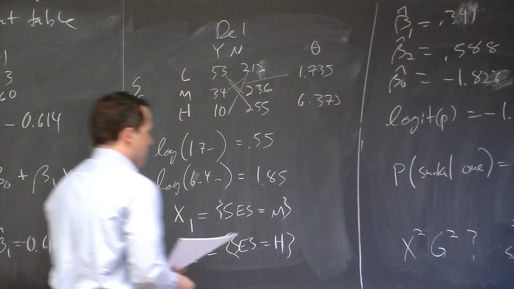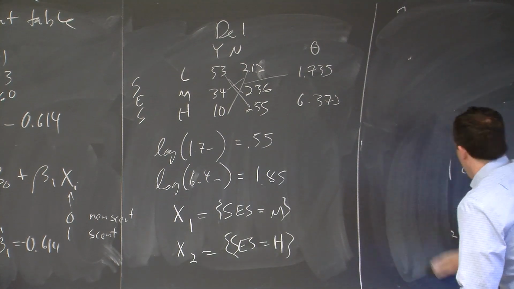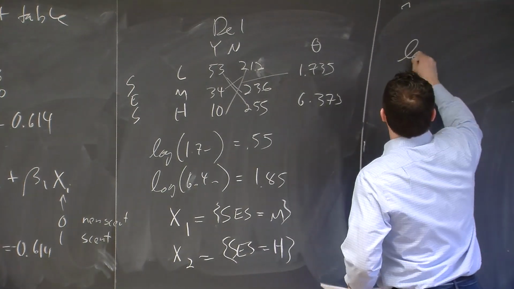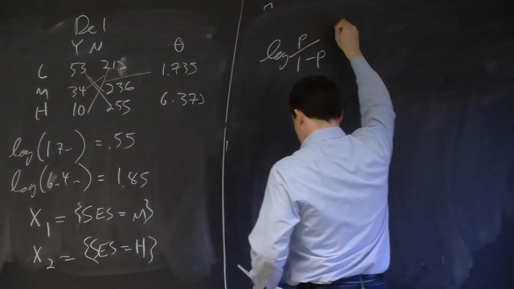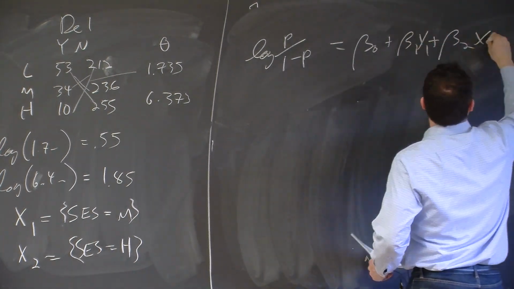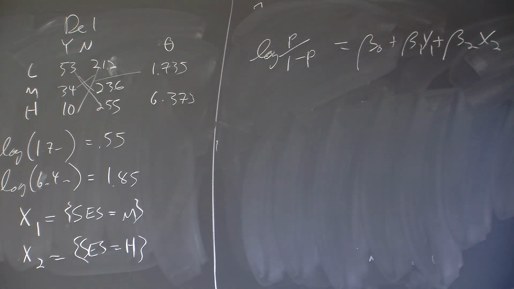And we can write down our model: log p over 1 minus p equals beta 0 plus beta 1 X1 plus beta 2 X2. Beta 0 is the baseline log odds, the log odds of being delinquent at SES equals L, and beta 1 and beta 2 are such that e to them is the multiplicative change.